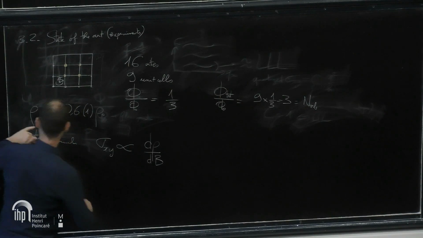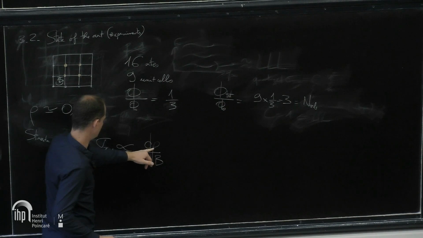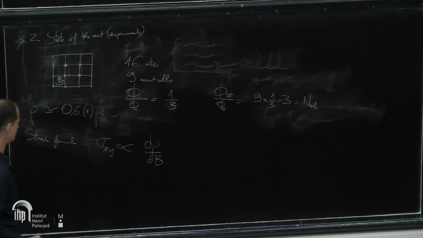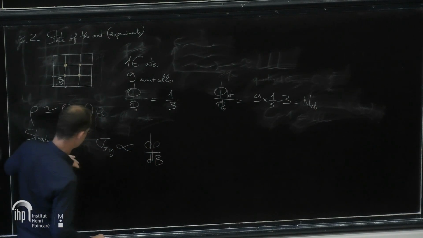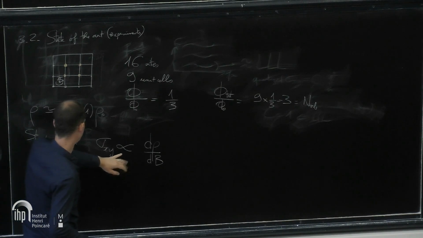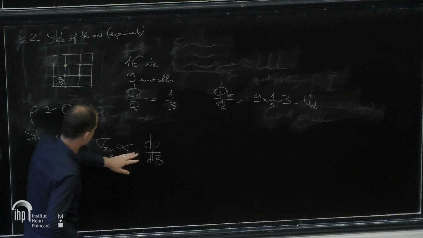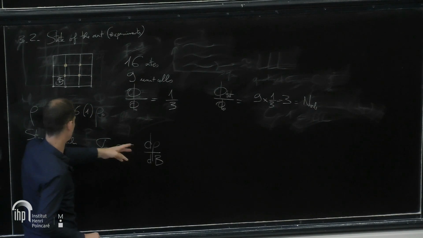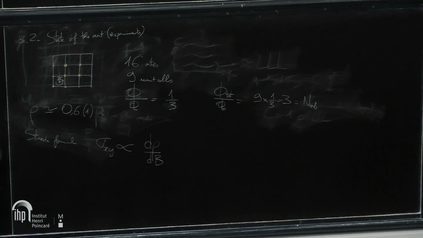I have to say that they rather measured the slope of the density with respect to magnetic field, to be more precise. Maybe I was a bit too fast with that. And so they claim that via the so-called Streda formula, this was consistent with half-quantized Hall conductance. Okay, so this is the status.